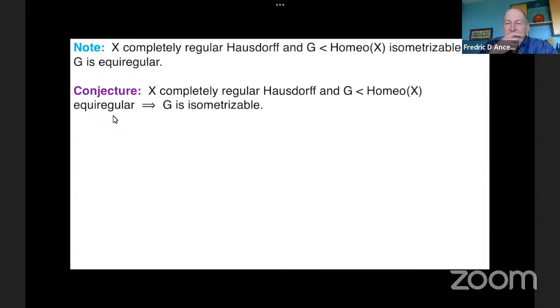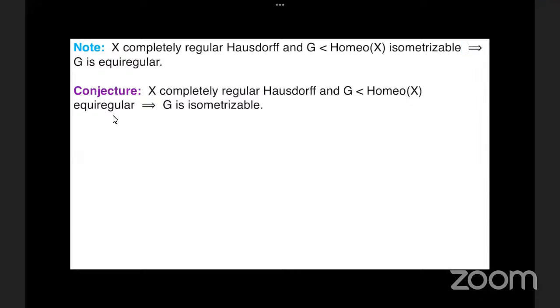So it seems it should be possible to reformulate some of your arguments in this language of uniform spaces. I think uniform spaces are a special case, aren't they? They're not as general as the setting here, I think. No, they are more general.